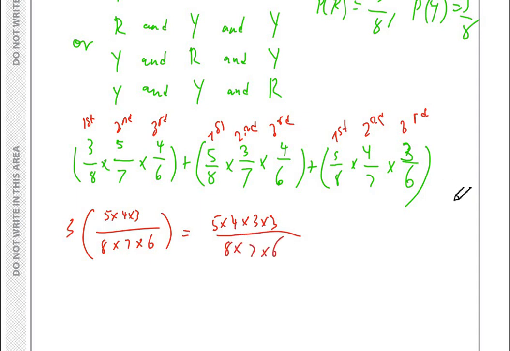Now if we divide through by 3 on both sides, we get 5 times 4 times 3 over 8 times 7 times 2. Now if we divide further by, let's say, 4 on both sides, that will give us 5 times 3.